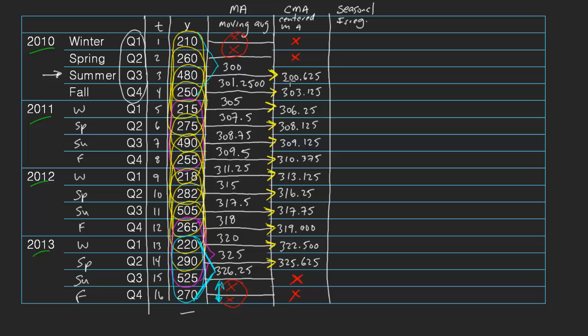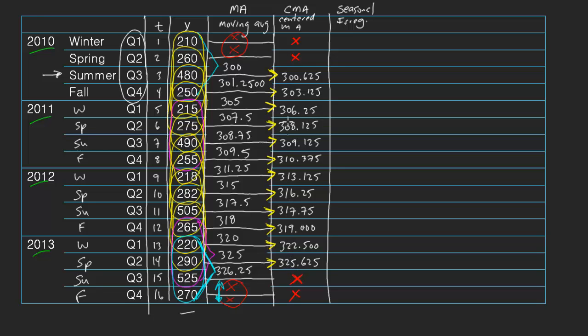So for example, in this first summer, we expect to have about 300,000 visitors. The fall that comes after that, we expect about 303,000 visitors. In the winter that follows, we expect about 306,000. You can see here that there's a progression. We're going from 300 to 303, 306, 308, and so on. Now, this is just what's expected according to the mathematics.